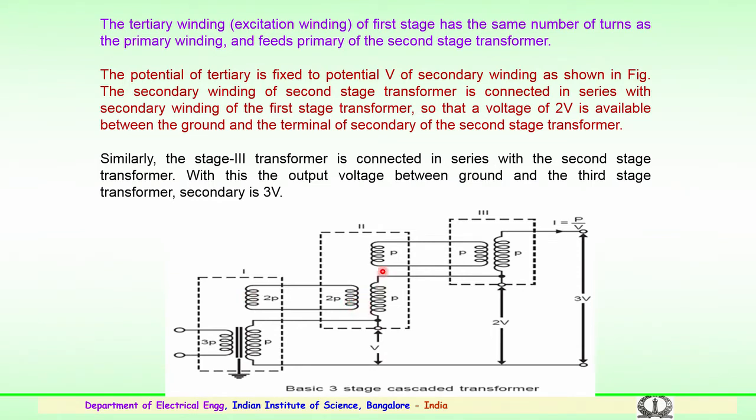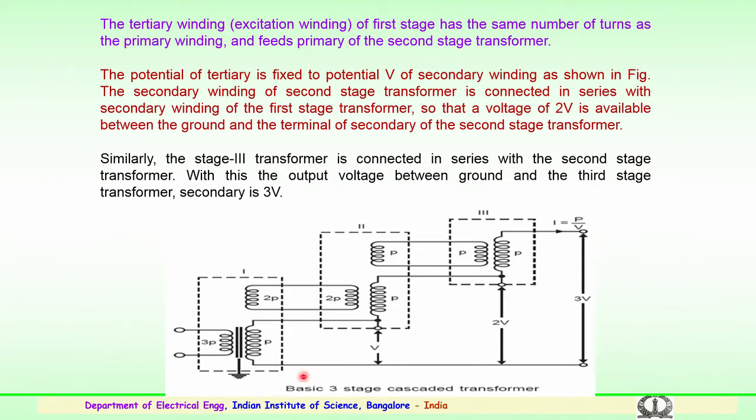Similarly, the excitation or tertiary winding on the second transformer forms the primary winding of the third transformer. So, this is how the connections are made for different stages. This gives a 3 stage cascaded transformer.